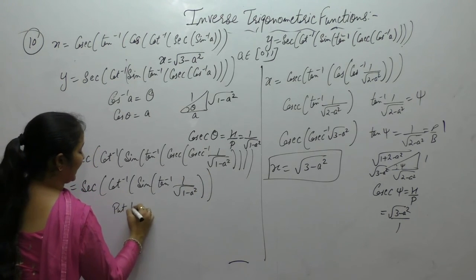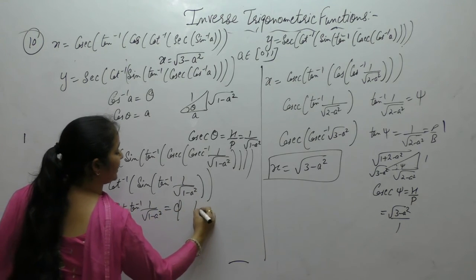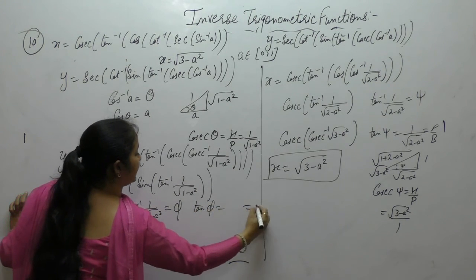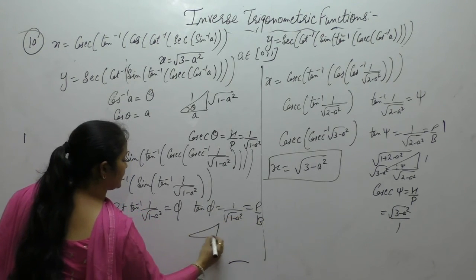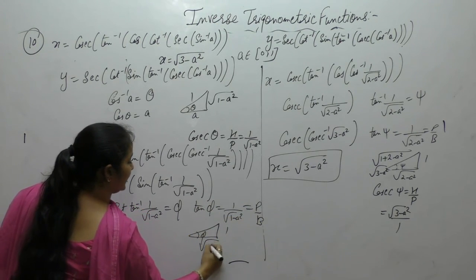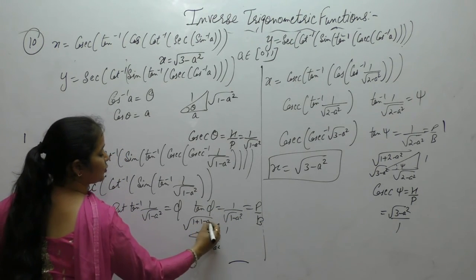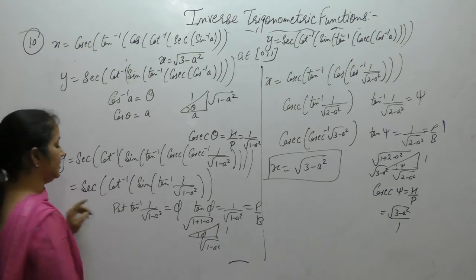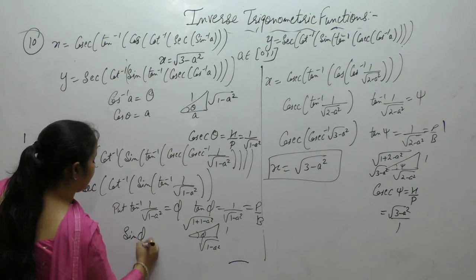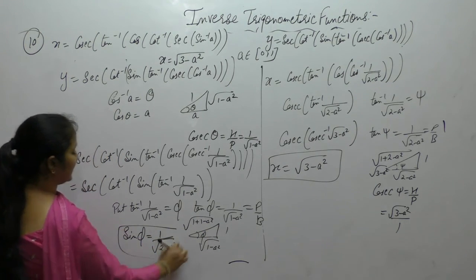Now put tan inverse 1 upon 1 minus A square as phi. So tan is perpendicular upon base. If this is the angle phi, perpendicular and base. Hypotenuse is perpendicular square plus base square. Now we want the value of sine here. So sine phi is perpendicular upon hypotenuse, 2 minus A square.